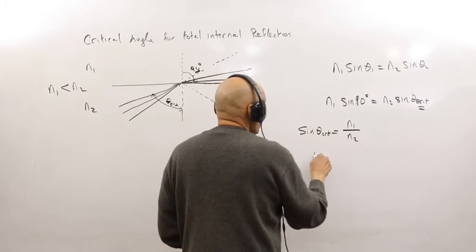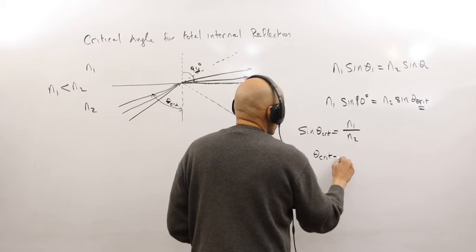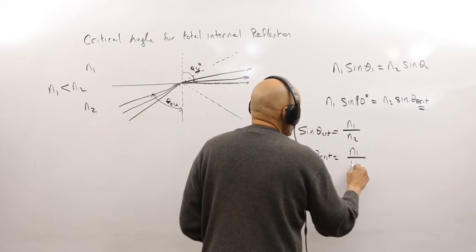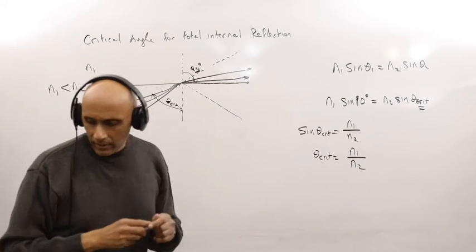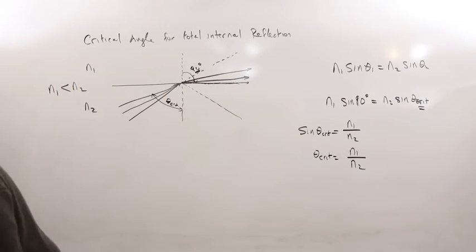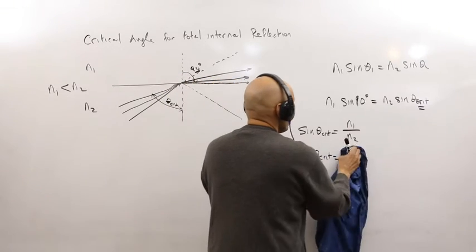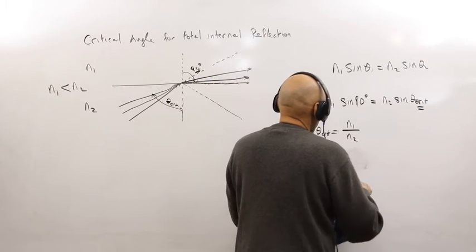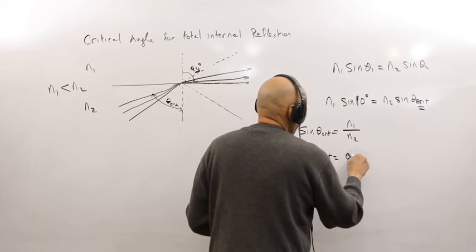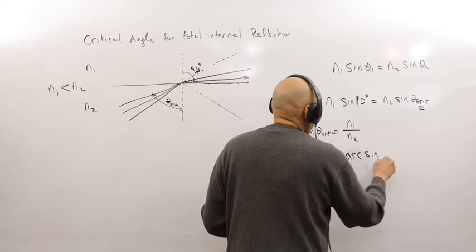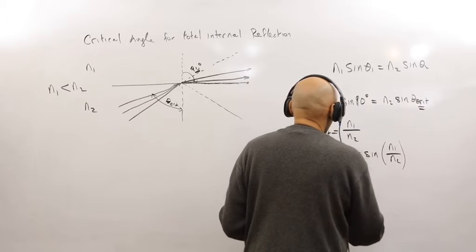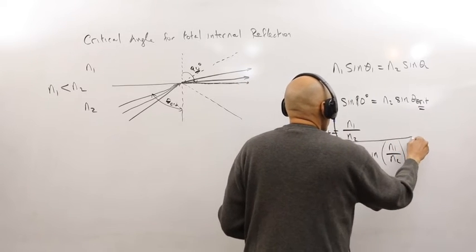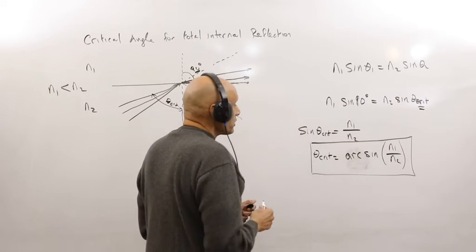And so theta critical is arc sine of N1 divided by N2. So this is the equation I'd try to solve.